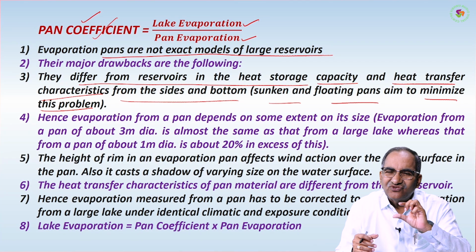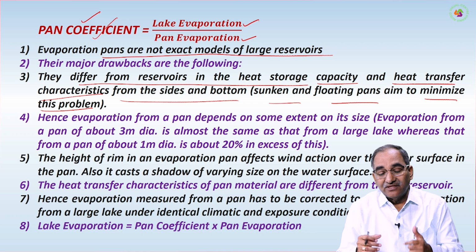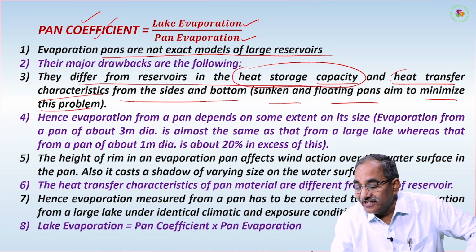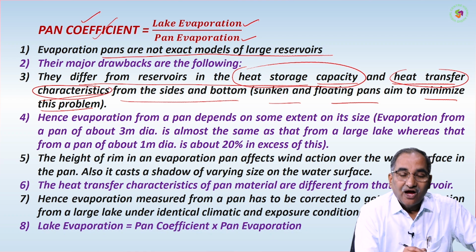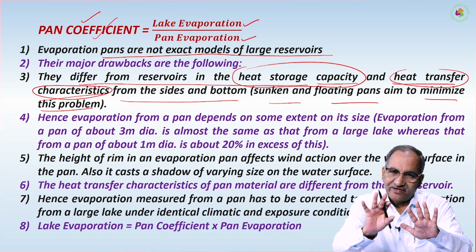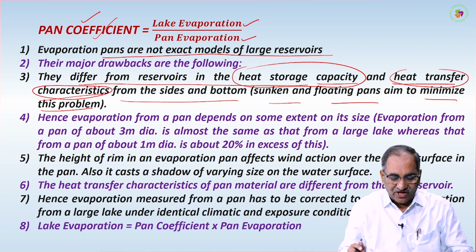So they reduce it to something, but you cannot always go for them. So the heat storage capacity and heat transfer characteristics of the original reservoir and pan are different, hence how to transfer the results from one to the other.